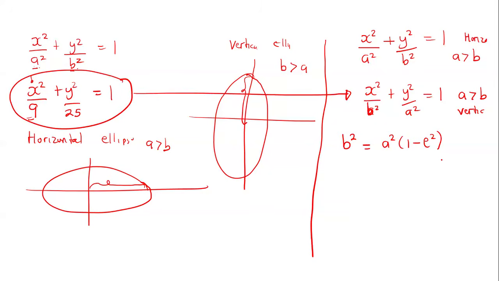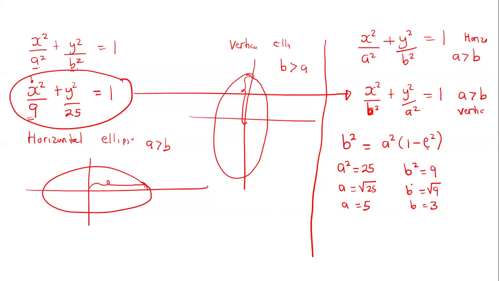This is a generic formula. So you are going to say that your a squared is equal to 25, and your a is the square root of 25, so a is equal to 5. What is your b? b squared is 9, so b is the root of 9, and b is equal to 3.